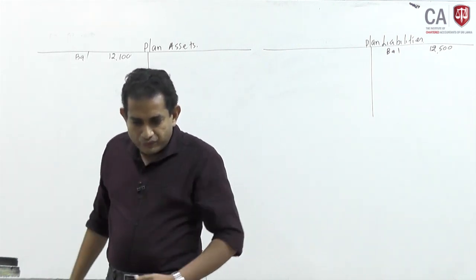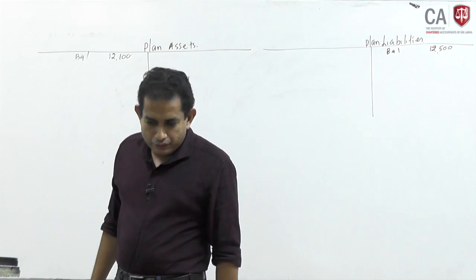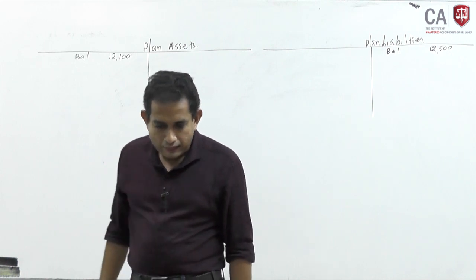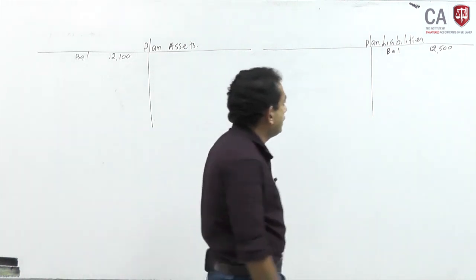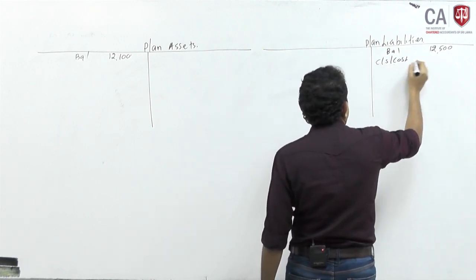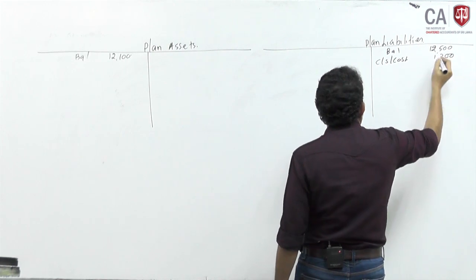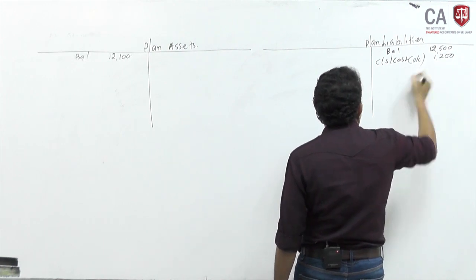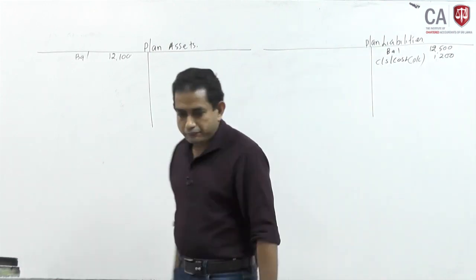Current service cost for the year ended 31st March 2020 as estimated by the actuary is 1.2 million. Current service cost, 1,200, that should go to profit and loss.